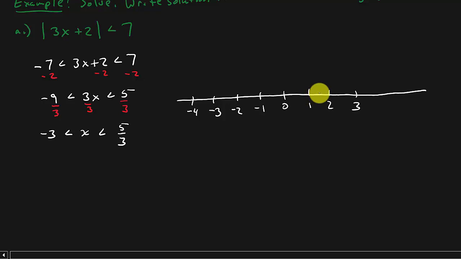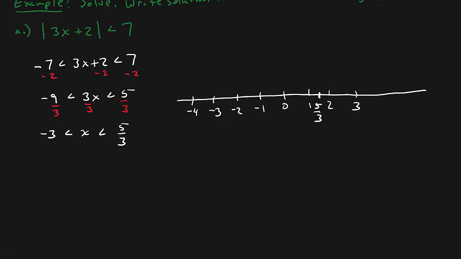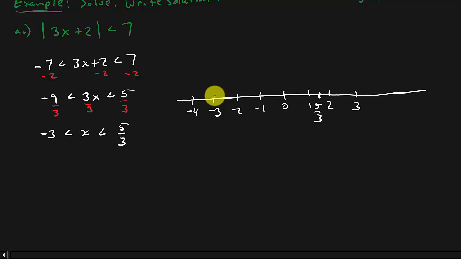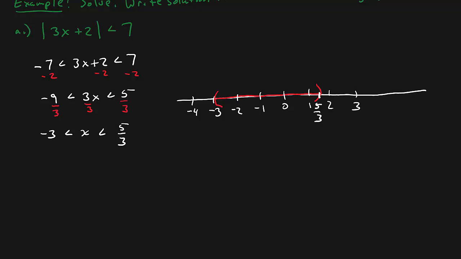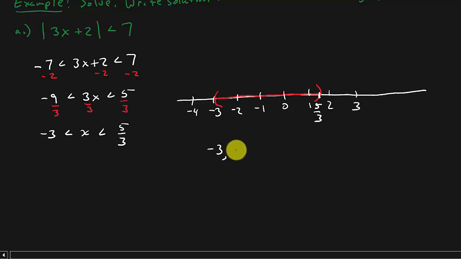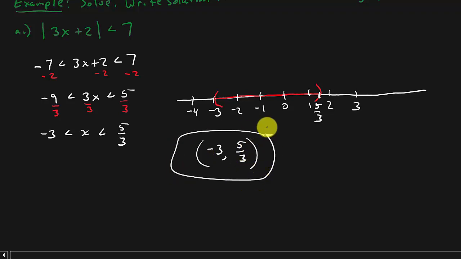So we know that 5/3 falls in between 1 and 2. Just put it in there and label it. Our solution is from -3, not included, all the way up to 5/3, and the 5/3 is not included either. We write our answer in interval notation: -3 to 5/3. And this is our answer.